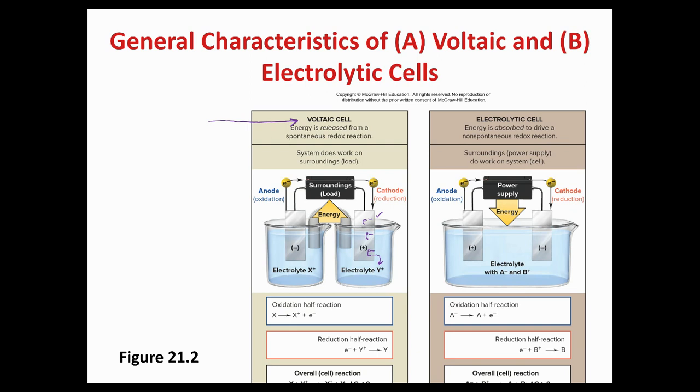So from here, if you picture the electrons start off in this metal, go through the wire, go all the way through the other side, through that metal, and reduce.